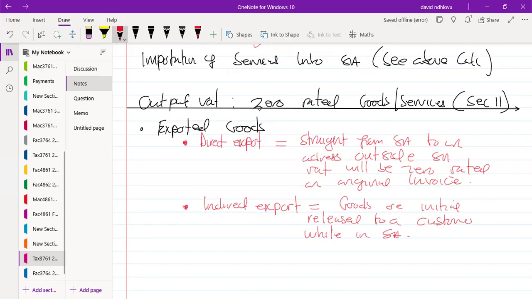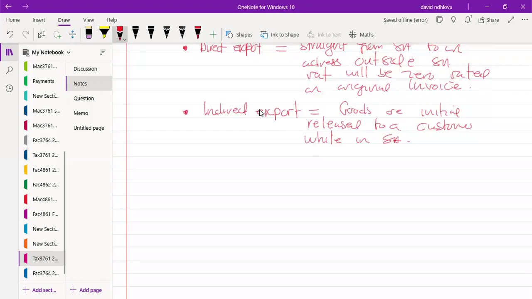Or someone comes from Botswana and buys the goods here in South Africa, but the company invoices the person who is still here in South Africa, and may be here for a couple of days before going back to Botswana. So that's an indirect export. The goods are initially released to a customer while the customer is in South Africa.